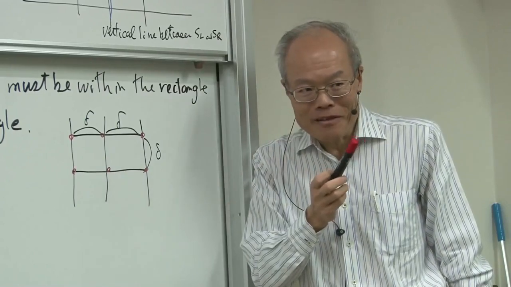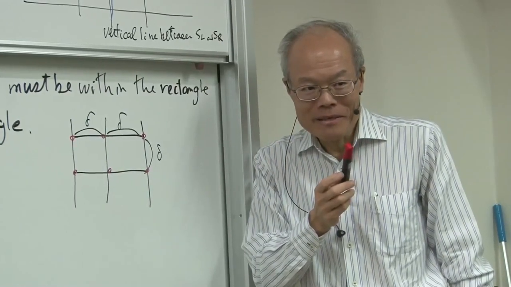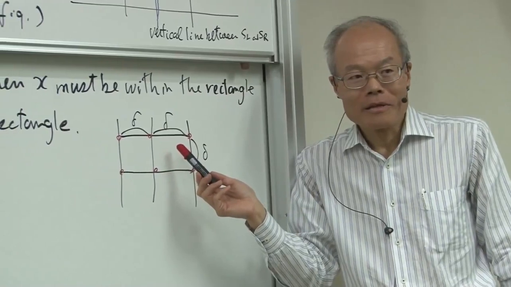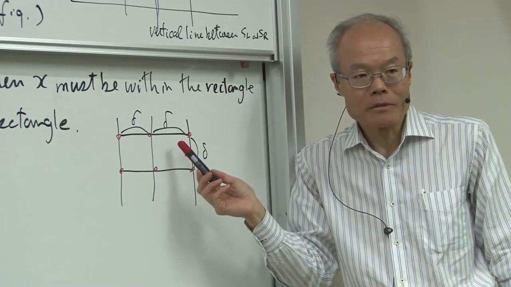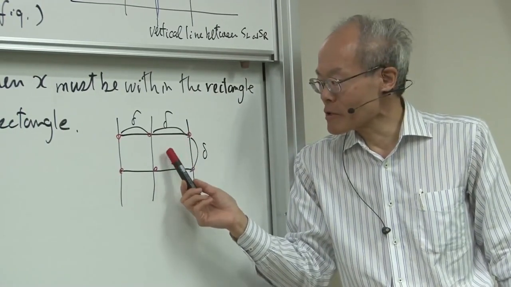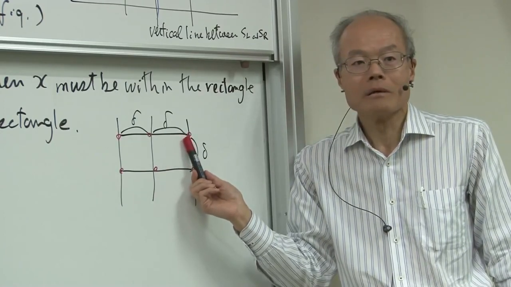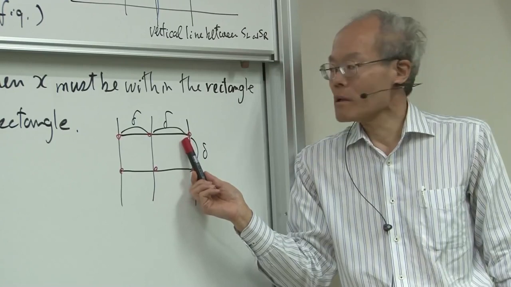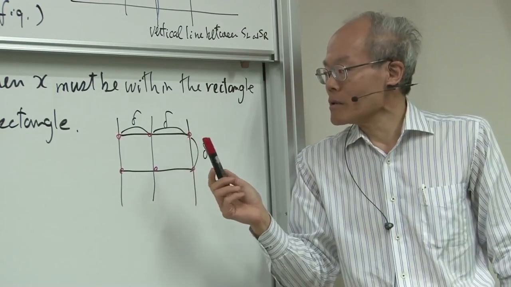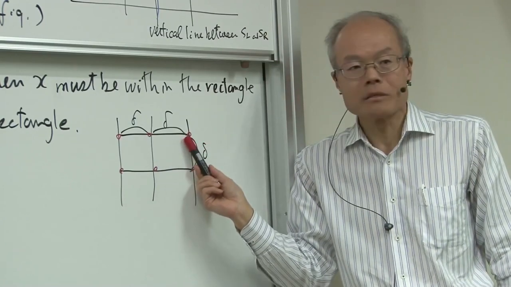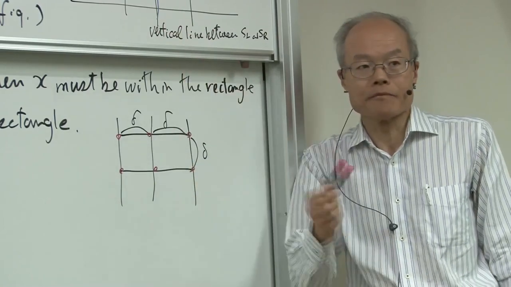If you try to put the 7th point here, then the distance is less than delta, so this pair should have come from step 3 or 4.